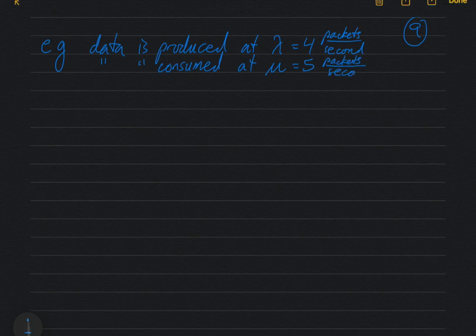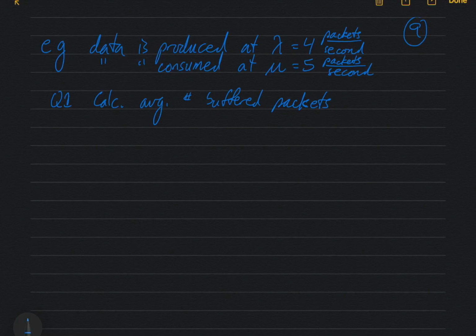packets per second. And so question 1 is calculate the average number of buffered packets. So we have a buffer, let's assume it's infinite for now, unbounded. So we need to choose one of our equations.